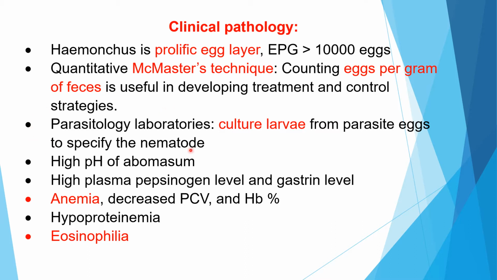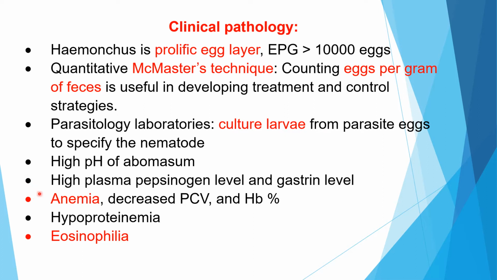If you have a parasitology laboratory, the clinician can culture the larvae from the parasite eggs, but it takes a long time. But that gives the identification of the parasites, to specify the nematode parasite. When Haemonchus is there, the pH of the abomasum is very high.